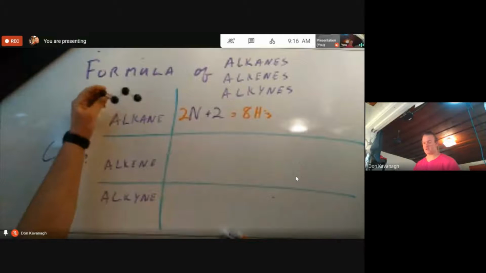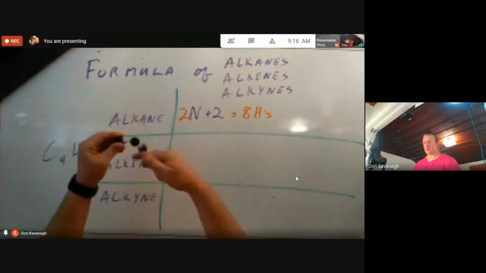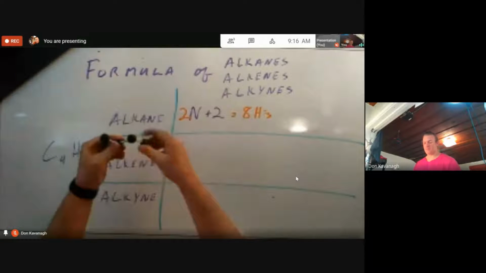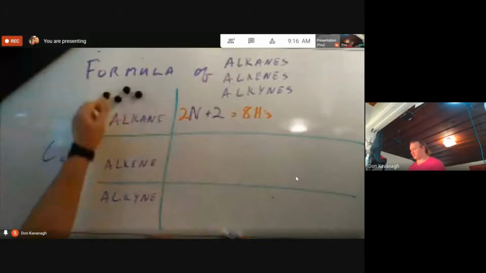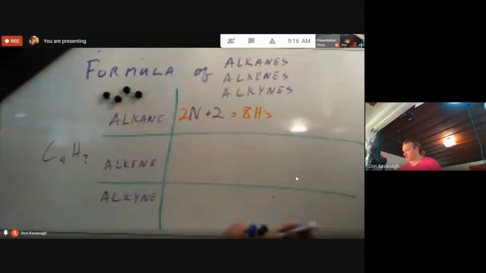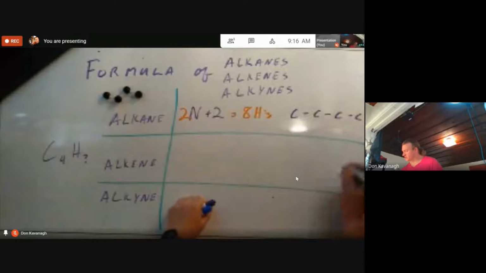Note that it can twist. Every single one of these single bonds can twist around. This is butane. And if we draw this out here, carbon, carbon, carbon, carbon, and fill in our hydrogens, noting that carbon bonds 4 times every time.